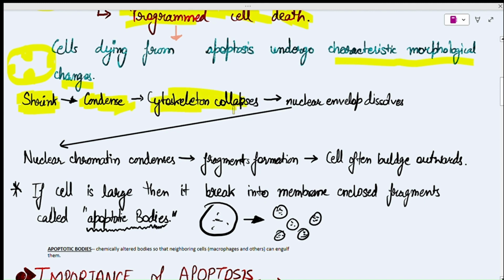The cytoskeleton system will also collapse, and as the cytoskeleton collapses, the whole cell collapses. The nuclear envelope dissolves and nuclear chromatin condenses. After the condensation of the nuclear chromatin, fragment formation occurs and the cell often bulges outwards. You see, first it tries to shrink, then it bulges outwards.